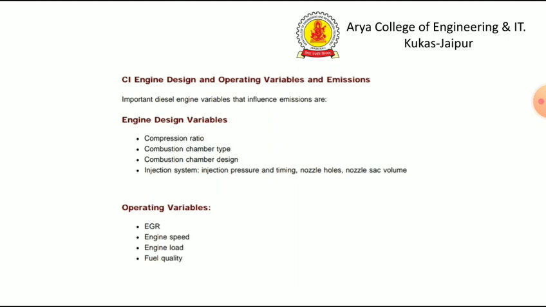There are engine design variables and also operating variables which affect the formation of different pollutants. The engine design variables are compression ratio, combustion chamber type, combustion chamber design, and injection system. Operating variables are exhaust gas recirculation, engine speed, engine load, and fuel quality.